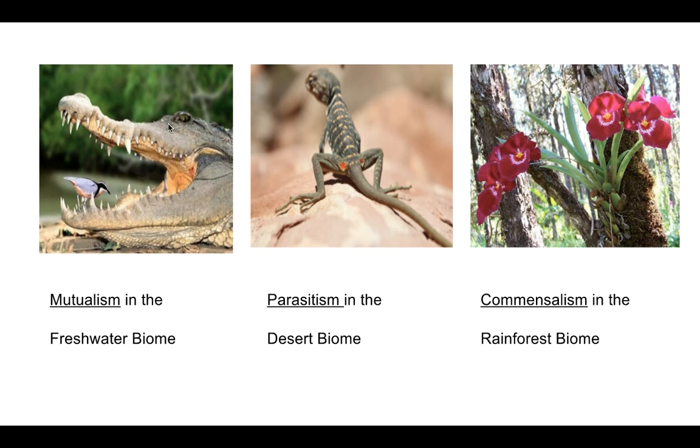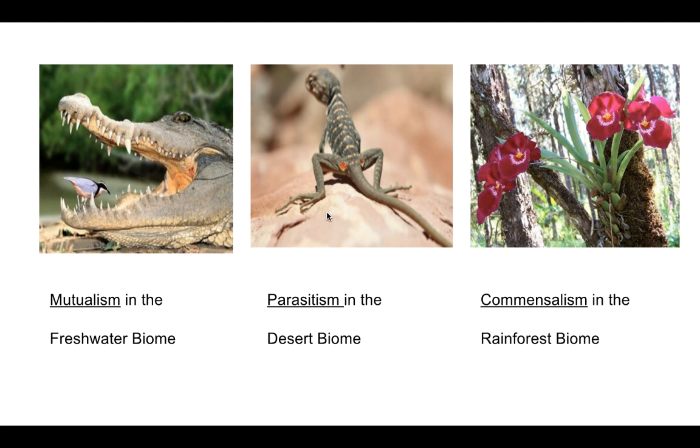And this creature here, I think this is actually an alligator, is actually opening up its mouth. Maybe a crocodile. I'm a little confused as to which one it is, but it actually keeps its mouth open the whole time. It does not kill the bird.